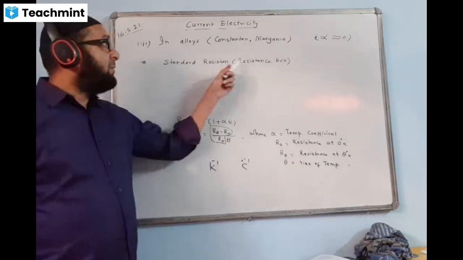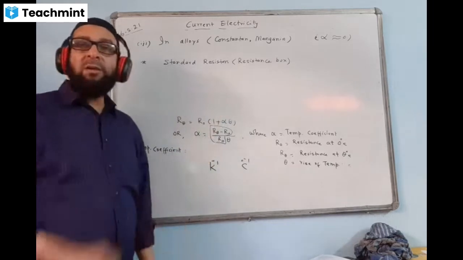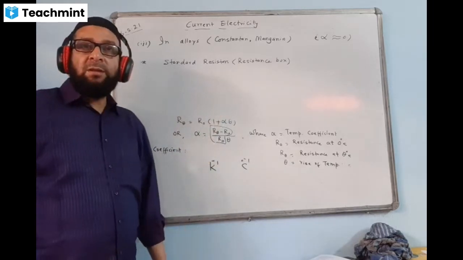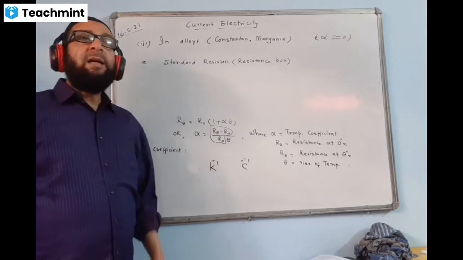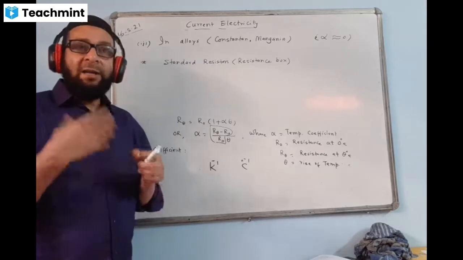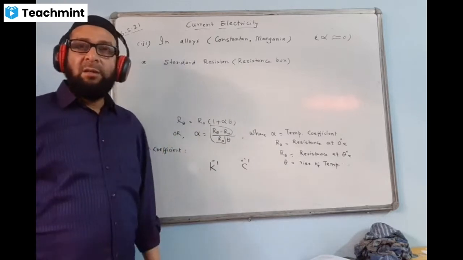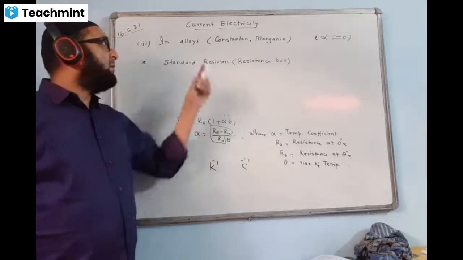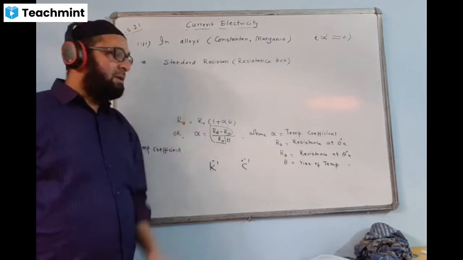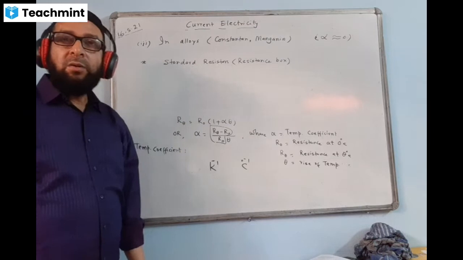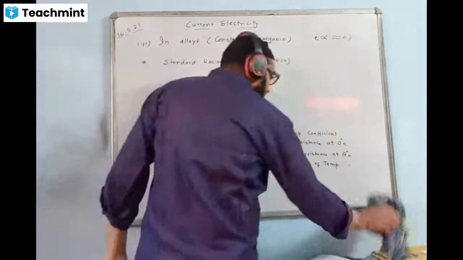We are choosing this one for two reasons: its resistance is more or less constant, the temperature coefficient is very low, nearly zero, and it has high resistivity. A short length of the wire gives sufficiently high resistance. So for that reason, we are using constantan or manganese in making standard resistors. Understood? All right.